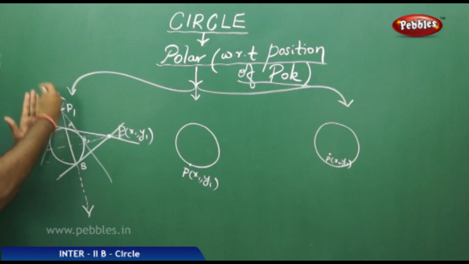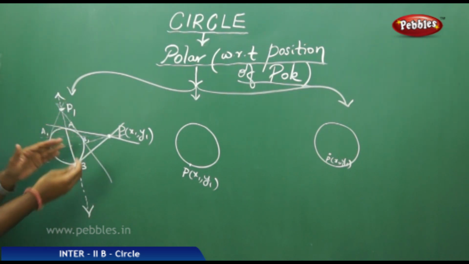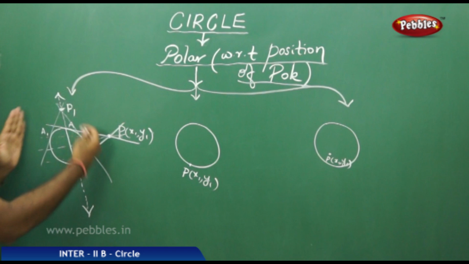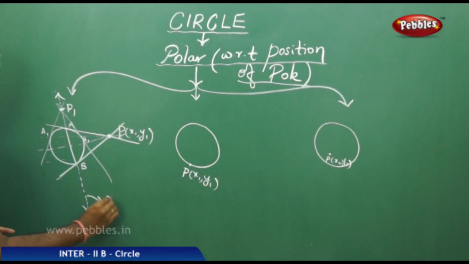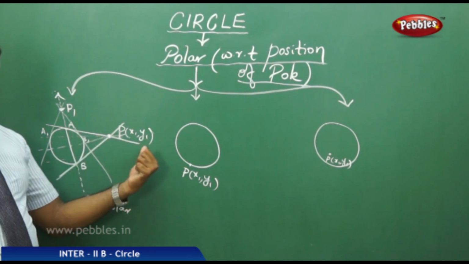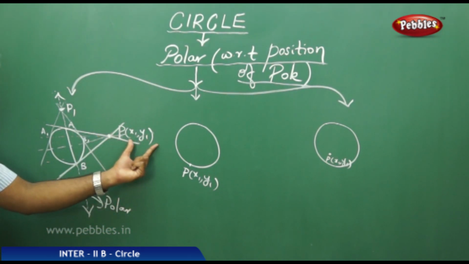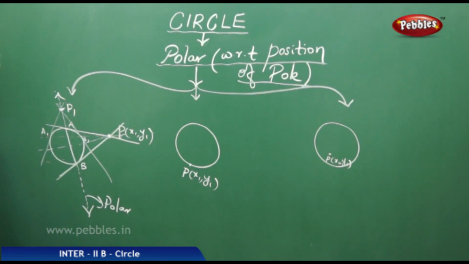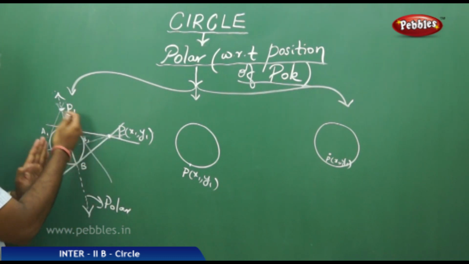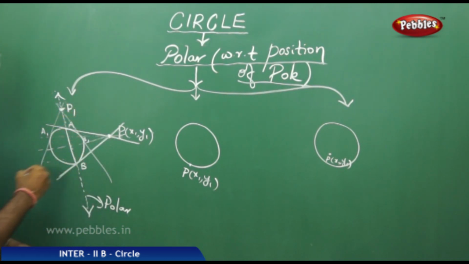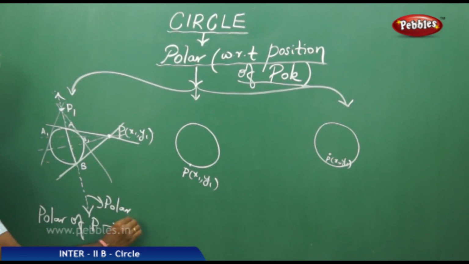So each pair of tangents drawn through the points of intersection of the lines passing through P intersect on this line, which is the polar. So for a point P which is outside the circle, the polar of this pole P (x1, y1) is nothing but the chord of contact. As you can see, this is the chord of contact which, when extended, has all the points of intersections lying on this line. So case 1 gives us that the polar of P is the chord of contact.